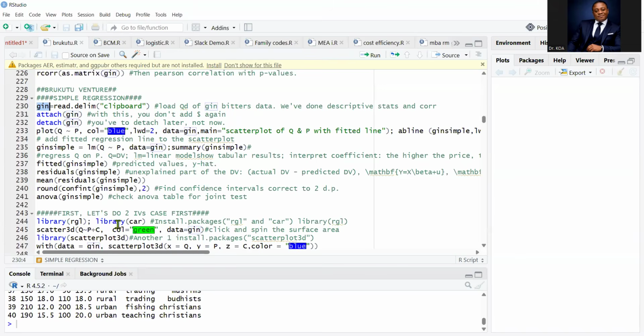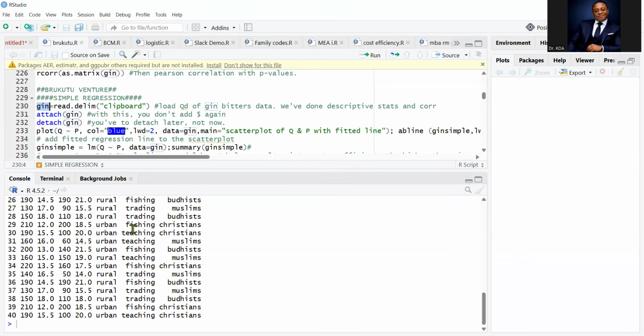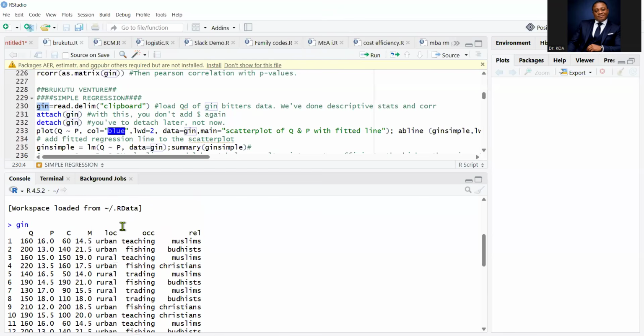When you run this, we did this where the quantity demanded of a product, Q, is affected by the price of the product P, by the complement price C, by the average income of the people, which is M, by the location of the shop, and by the occupation and religion of the people.